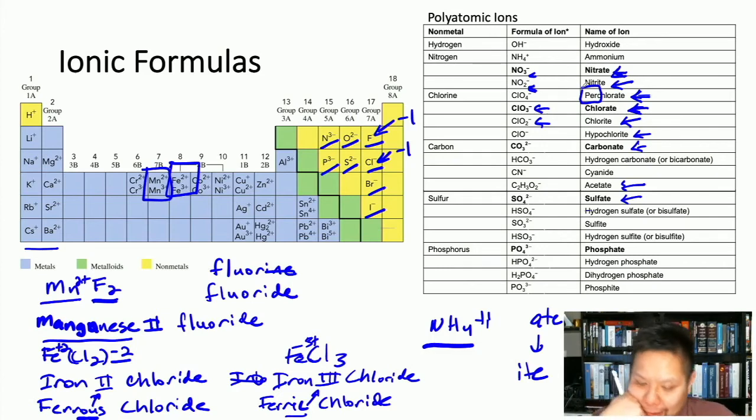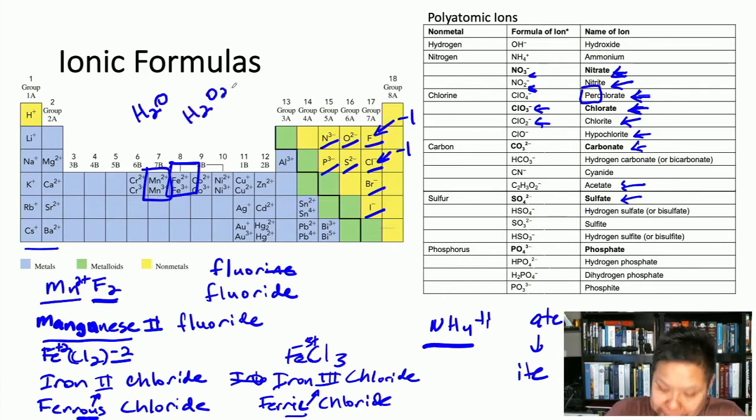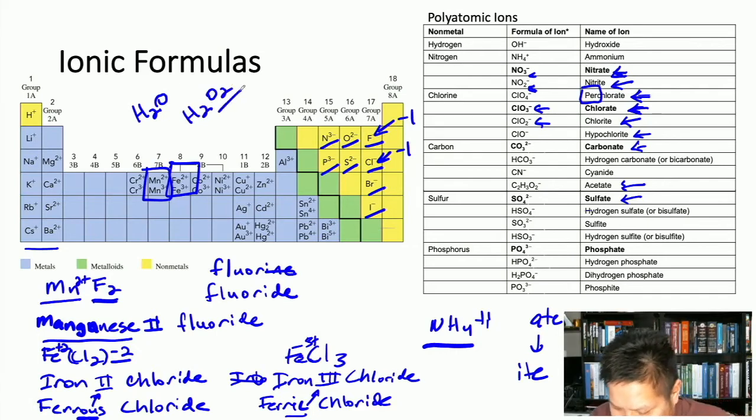Water is H2O, but hydrogen peroxide is H2O2. It's called peroxide because it has an extra oxygen. Same thing here: ClO3 minus has an extra oxygen, becoming ClO4 minus, and it's perchlorate.